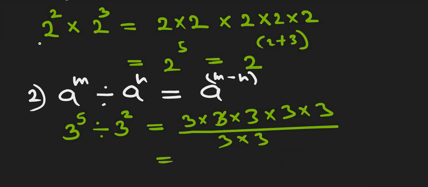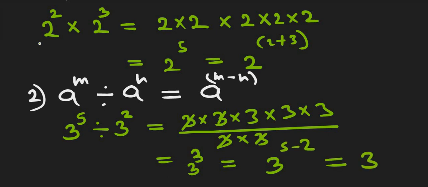Now we can cancel off two 3's from what we have written, and we are left with 3 to the power 3. However, we could have obtained the same answer by applying rule number 2, that is 3 to the power 5 minus 2, that is also 3 to the power 3.